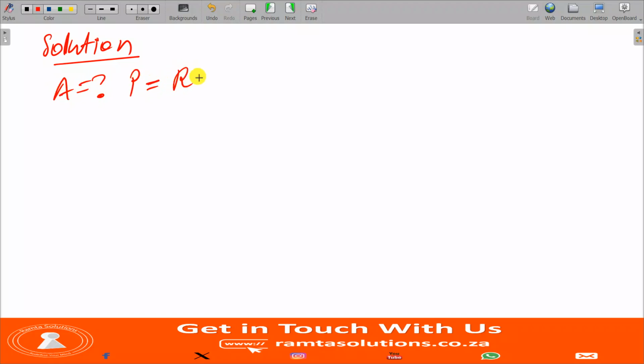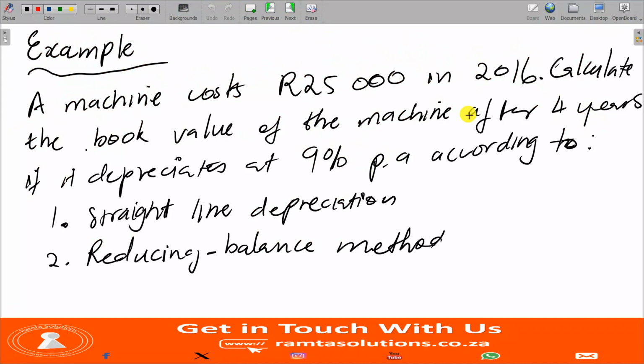This machine costs 25,000. Its interest is 9% per annum, which is 9 over 100, is 0.09. And this is for 4 years. Yes, after 4 years.